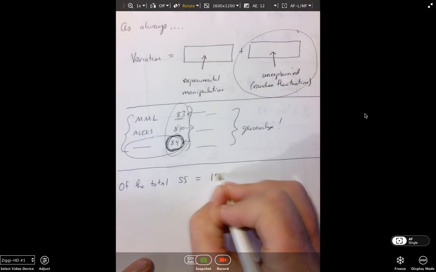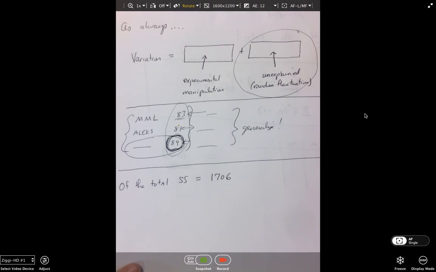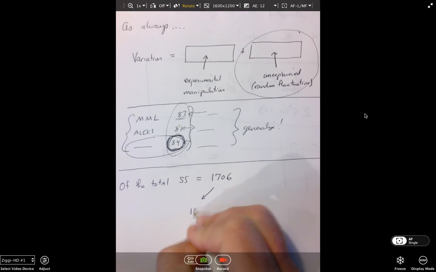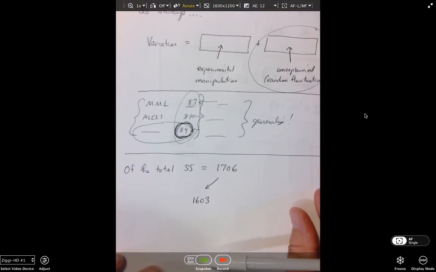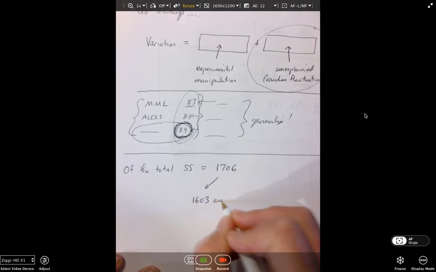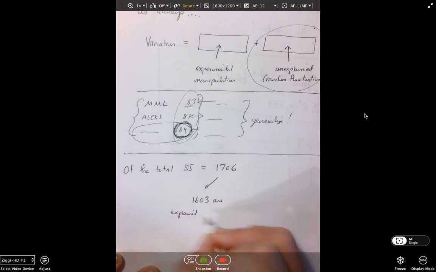Of this total sum of squares, which was 1706, 1603, right? 1603 are explained by the variance in individual performance under different conditions.